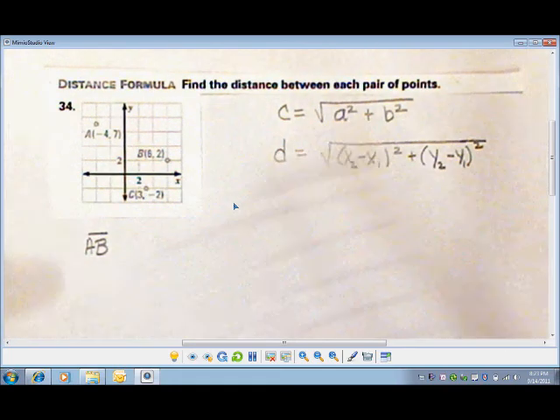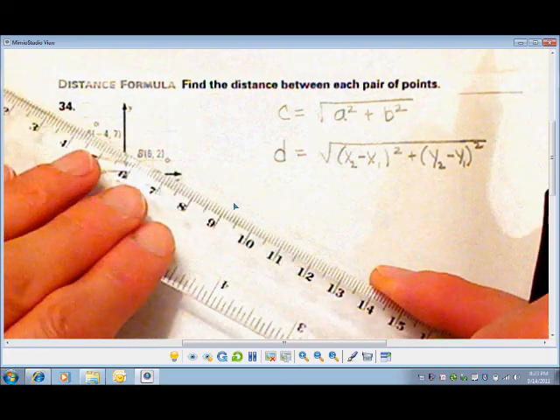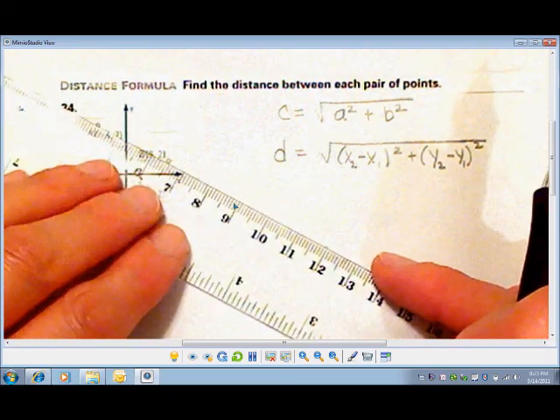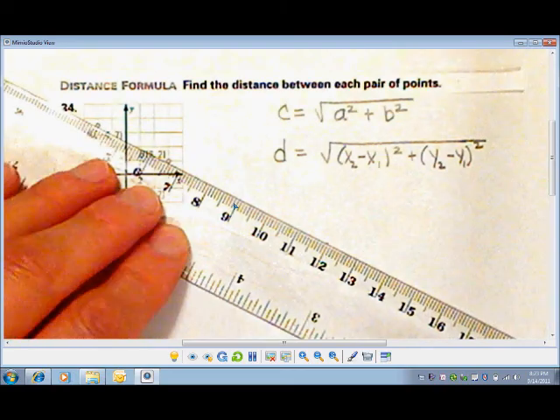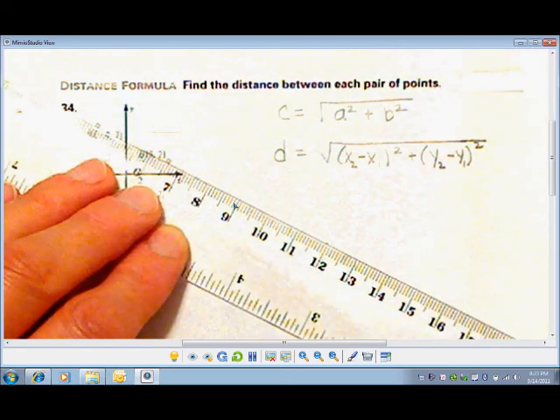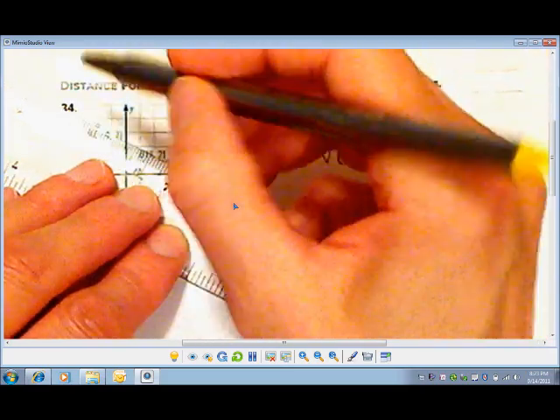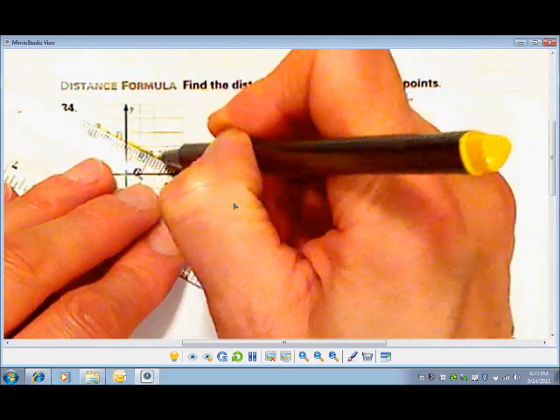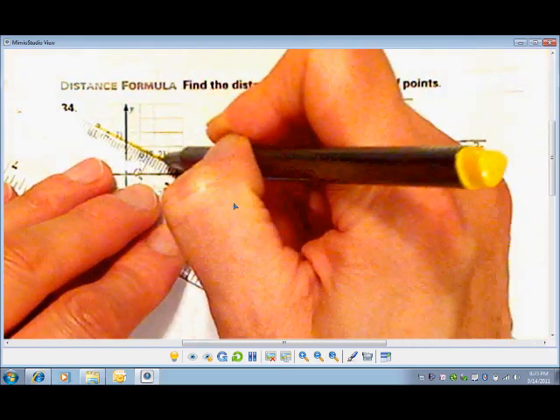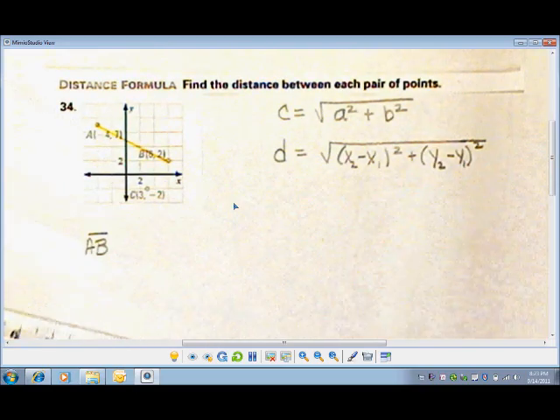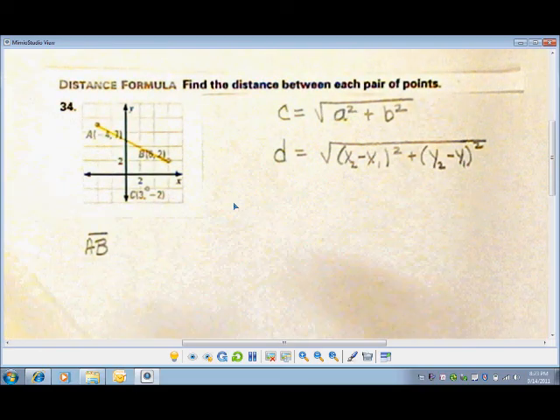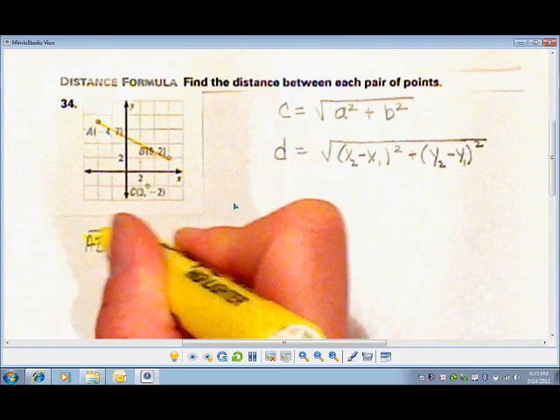Well, that line segment AB is from that point to that point. And I'm going to put the line right there. Okay, so that's that segment. That's segment AB.